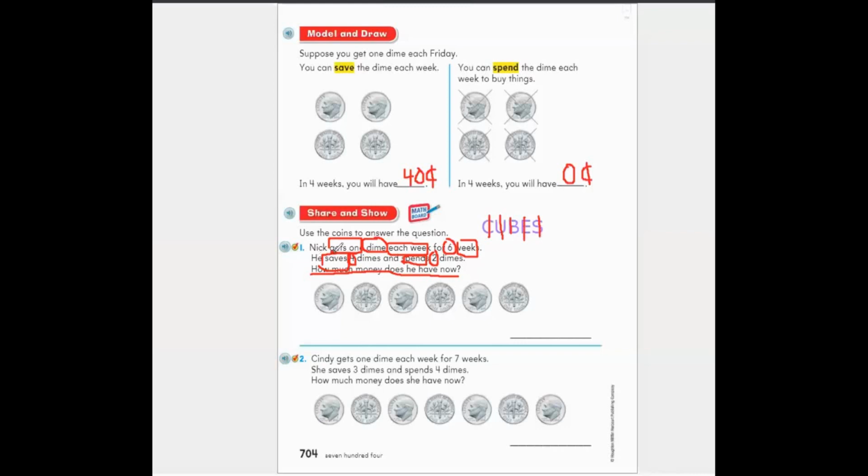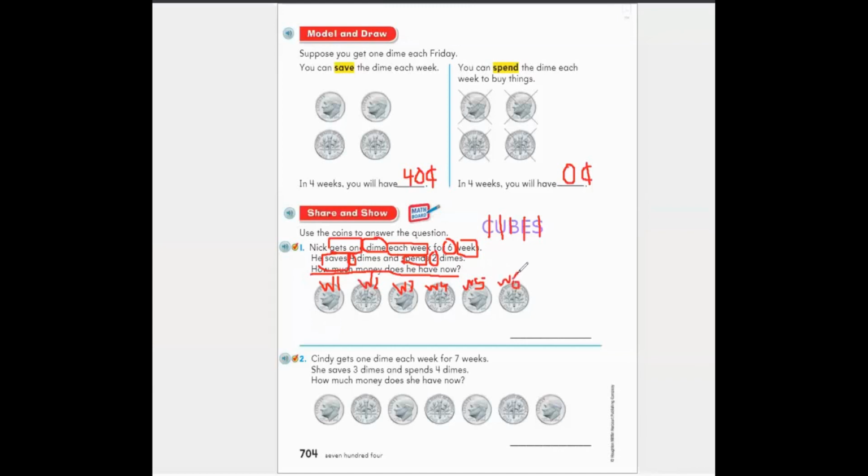So it says that Nick gets 1 dime each week for 6 weeks. So this is week 1, week 2, week 3, week 4, week 5, and week 6.